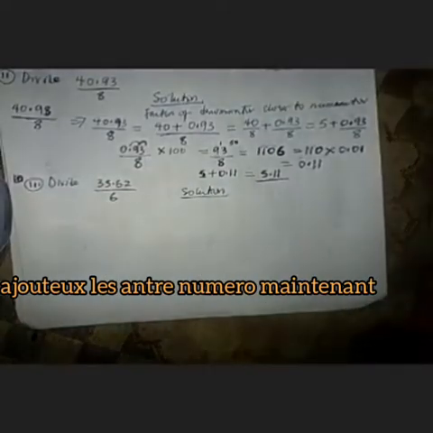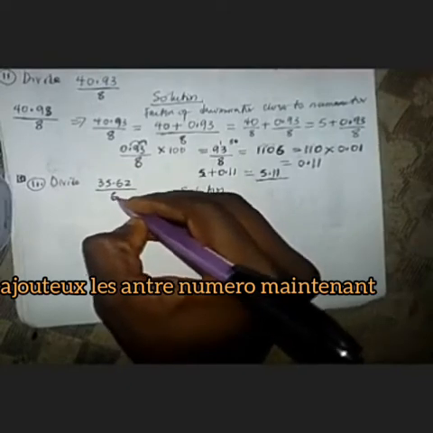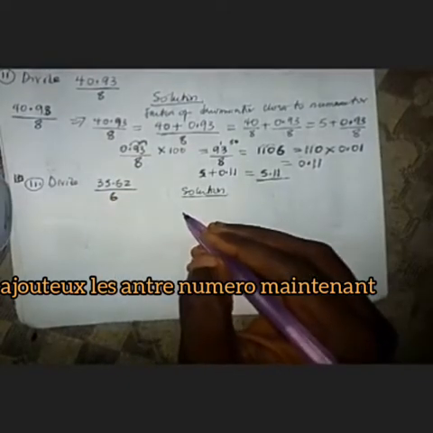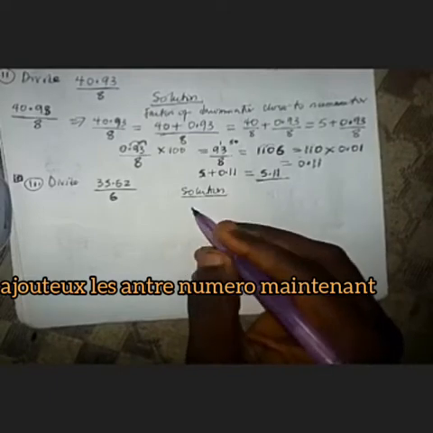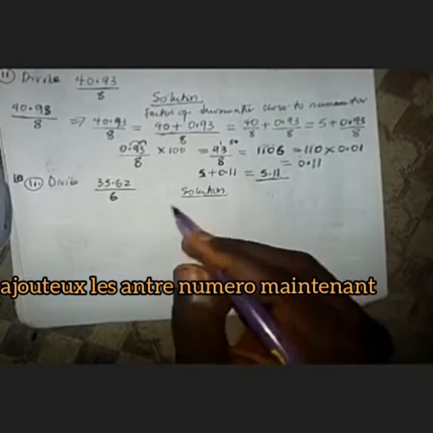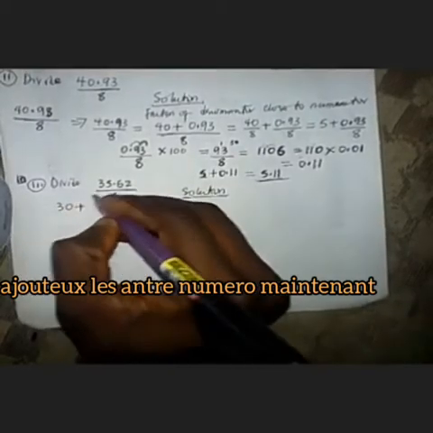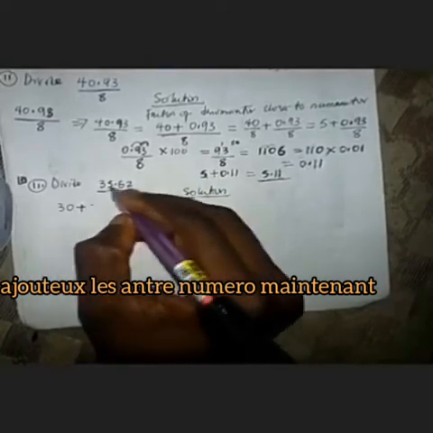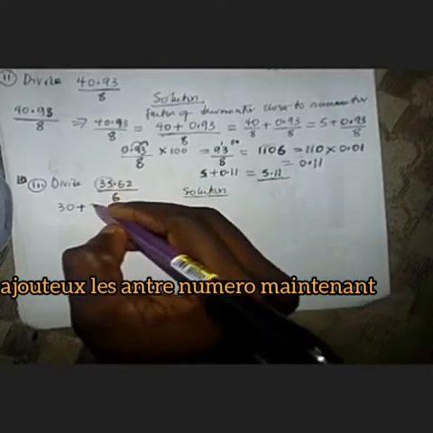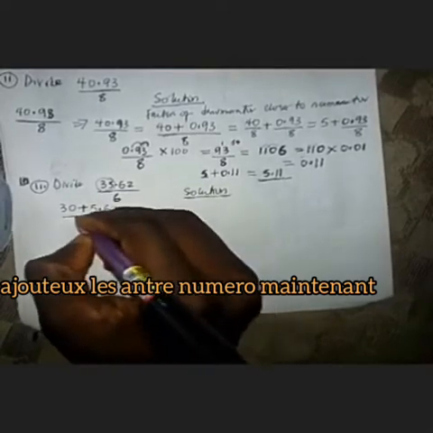That's the closest factor of 6 to 35. 6 times 6 is 36. 6 times 5 is 30. So that will be 30 plus what remains for you to make 35, that's 5. That's 5.62 over 6.